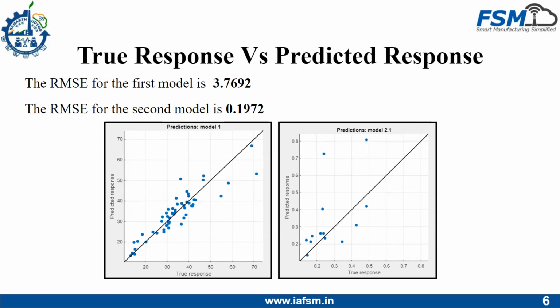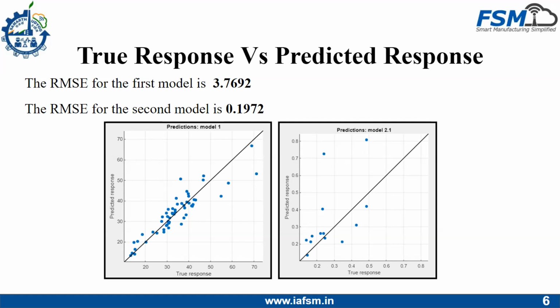The second one was 0.19, but for the second one the maximum data we are seeing was only about 0.5. For a 0.5 predicted true response, a prediction error of 0.1 is actually not in the acceptable range.